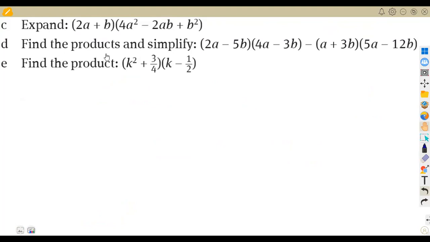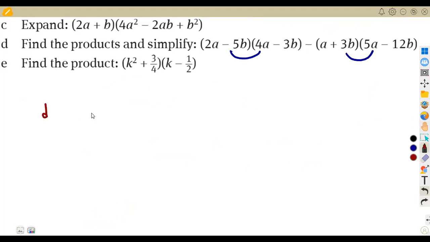Now we are given: find the products and simplify. So here we have these two brackets and also these two, and take note, we are subtracting our terms at the end. So let us see how our question is supposed to be.